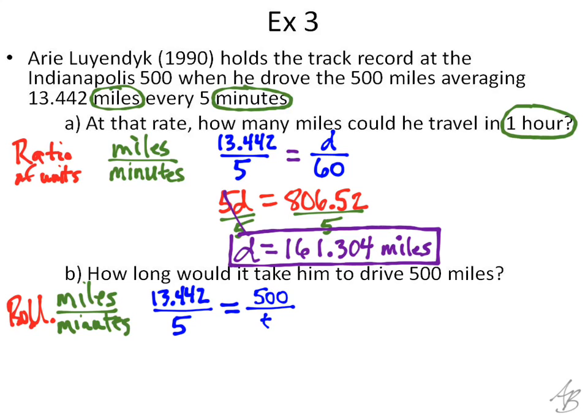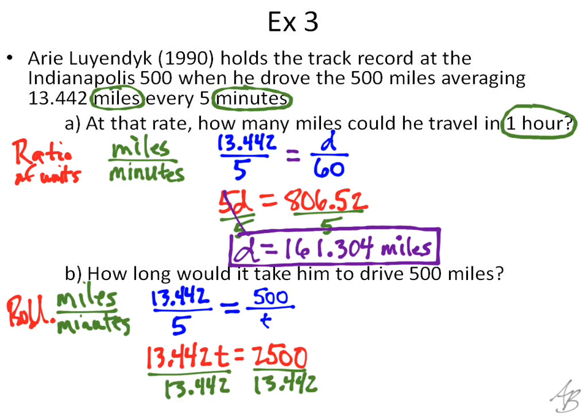Now, I will tell you on this one, you're going to have to round. Let's round to the nearest minute. So we should get 2,500 divided by 13.442.